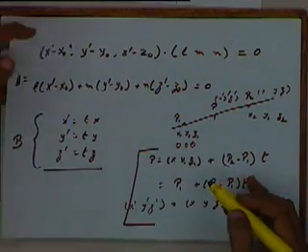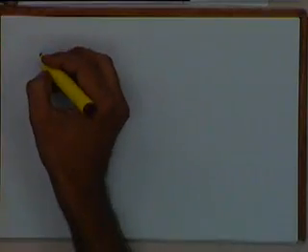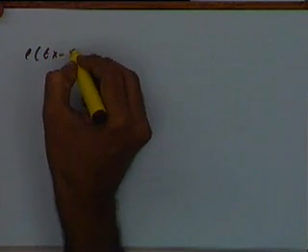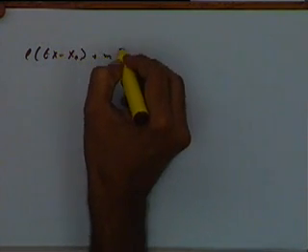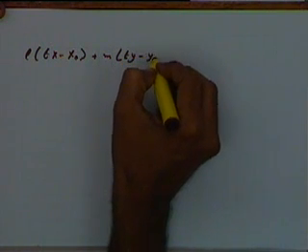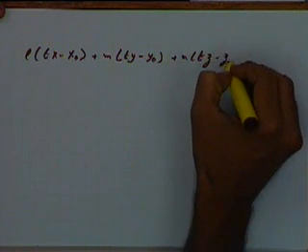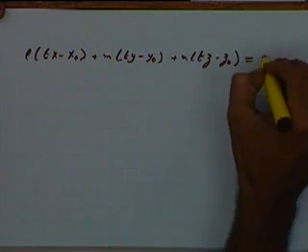If we do that, what we will get is L times (tx minus x naught) plus m times (ty minus y naught) plus n times (tz minus z naught) will be equal to 0.